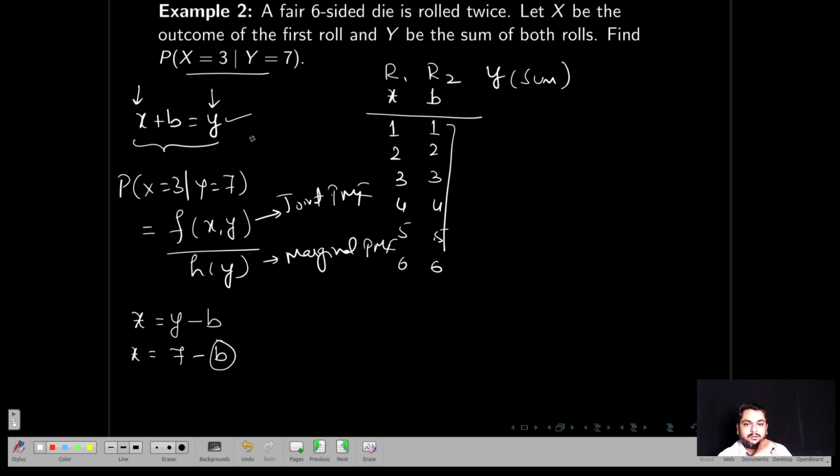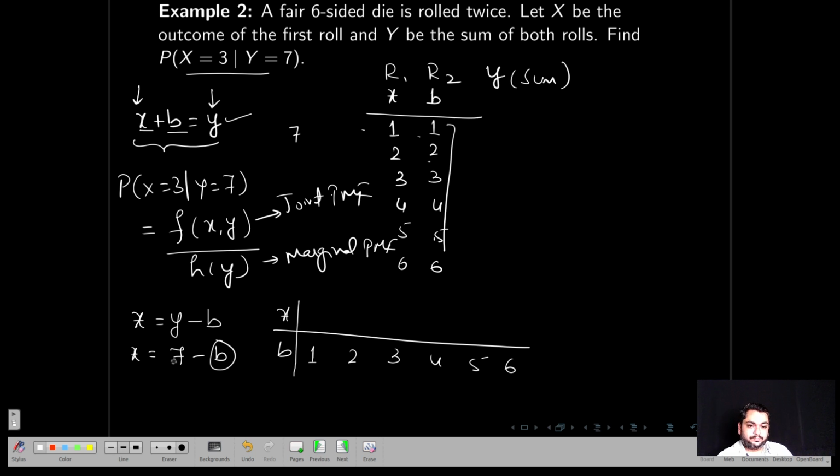What is it that I want? I have to get 7 when I add these two numbers, x plus b. I am trying to find the possible combinations. So let us draw a small table. Let us say this is my x, this is my b. So b can take 1, 2, 3, 4, 5, 6.